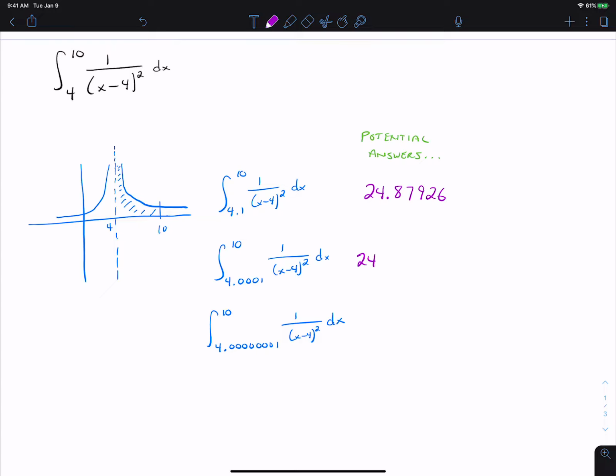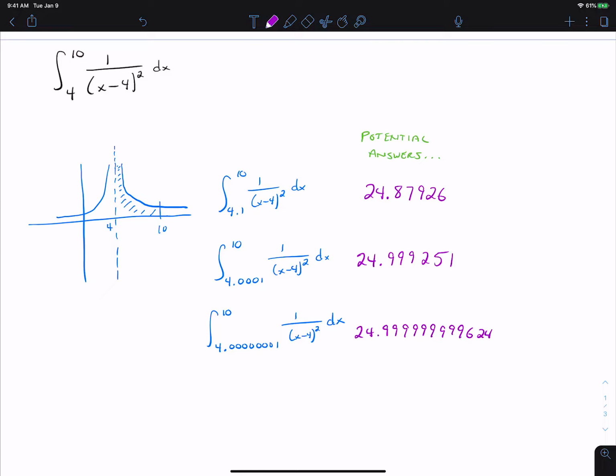So maybe now it's 24.99925. And again, I'm making this up. Now when we add these extra zeros and get even closer to 4, maybe now it's 24 point, a lot of nines, 624 or something along those lines.